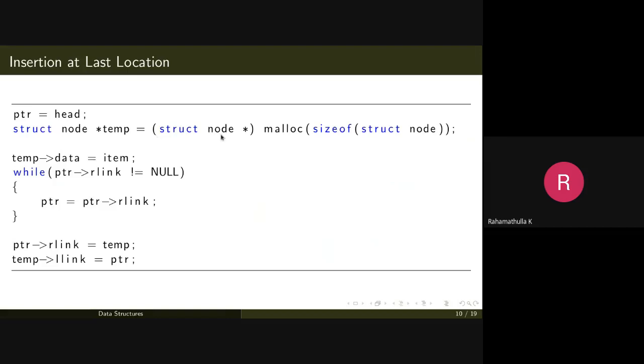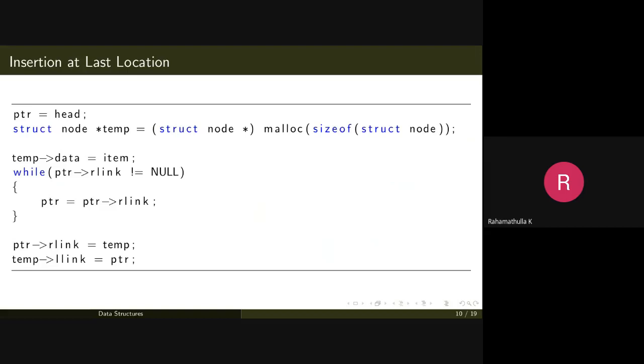So once again, you allocate memory by using the malloc statement, and you typecast it to struct node star. Then you attach data. Then you traverse through the list. ptr pointer rlink equal to null represents the last node in the list.